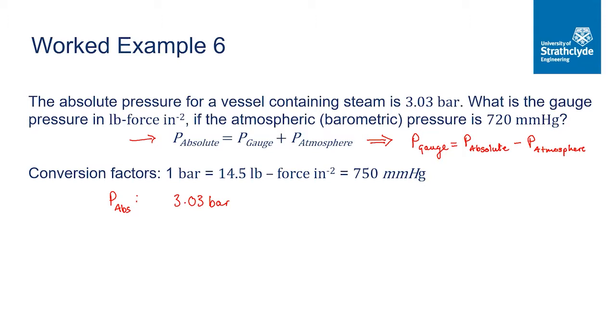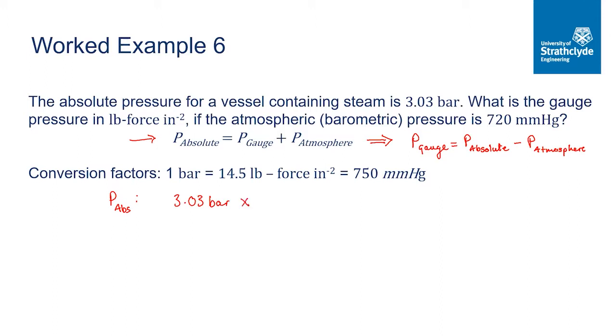So 1 bar is equal to 14.5 pound force per inch squared, which is equal to 750 millimeters of mercury. So we're concerned only with the bar and our pound force per inch squared, because millimeters of mercury isn't relevant to determine the absolute pressure in pound force per inch squared.